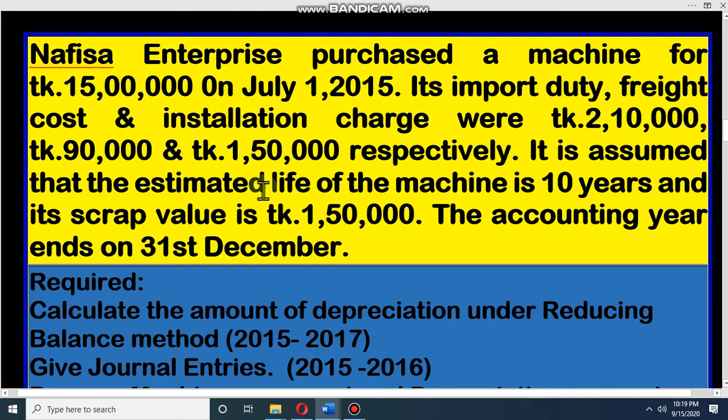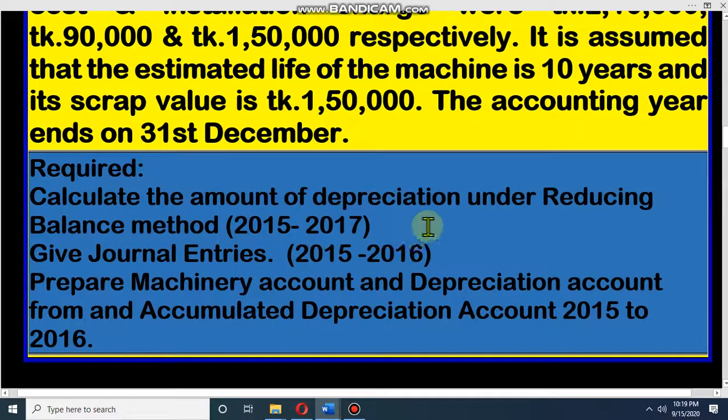It is assumed that the estimated life of the machine is 10 years and its scrap value is taka 1 lakh 50,000, and the accounting year ends on 31st December. The requirement is to find the amount of depreciation under the reducing method, give journal entries, and prepare the machine account, depreciation account and accumulated depreciation account.